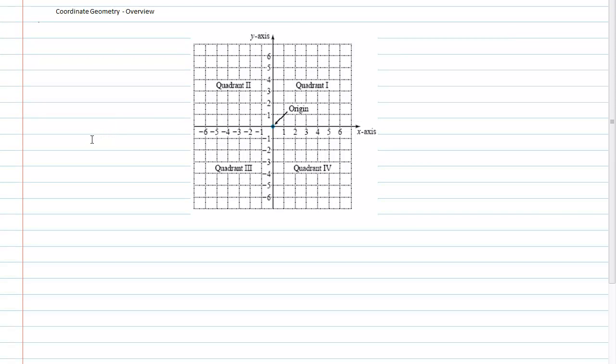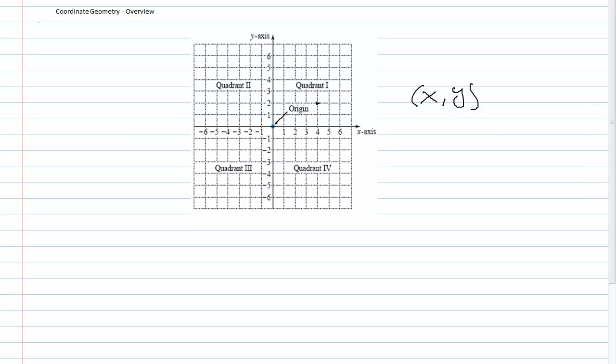Since now we know a little bit about the XY plane, the next logical question would be, how do I find a point in this plane? Well, if I was to ask you, for example, what is this point right here? Since I am dealing with an XY plane, I will need what is called the ordered pair that will consist of two coordinates, x and y.